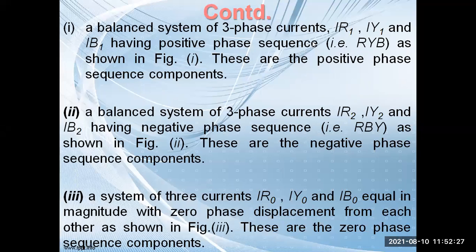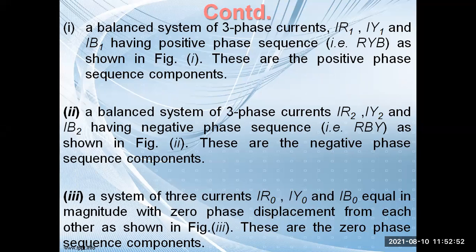So next is a balanced system of three-phase currents, that is IR1, IY1, and IB1, having positive sequence current, that is RYB, as shown in figure 1. So whatever we have shown here is described in this slide. These are the positive sequence components.